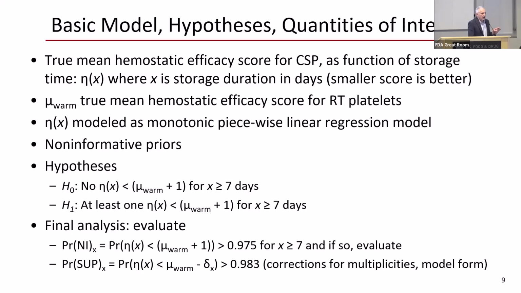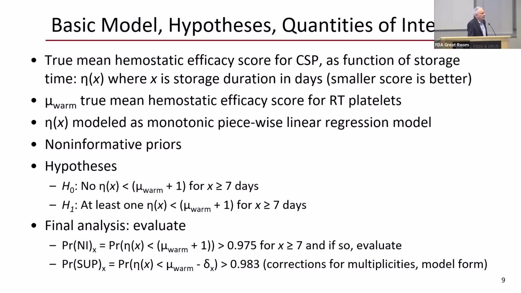At the end of the trial, if it does not stop for futility, so after 1,000 patients, we look for the longest duration of storage for which the model-based prediction is that there is a 97.5% posterior probability that the cold stored platelets are non-inferior to warm.